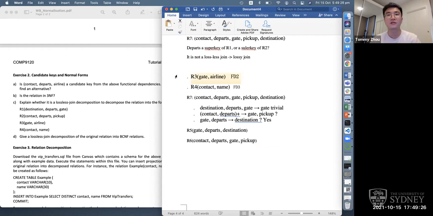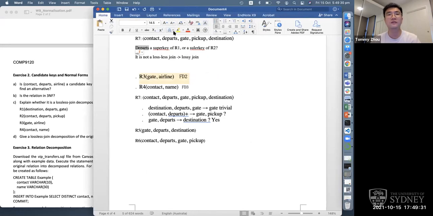So the resulting smaller tables will be R3, R4, R5 here, and R6. And this is derived from FD5. So we only used FD2 and FD3 and FD5.